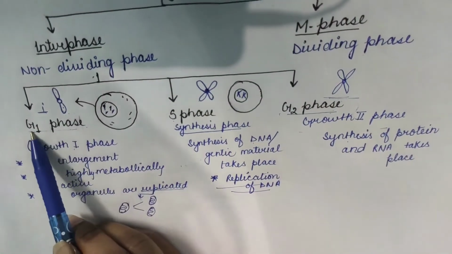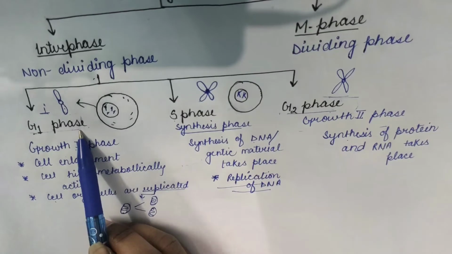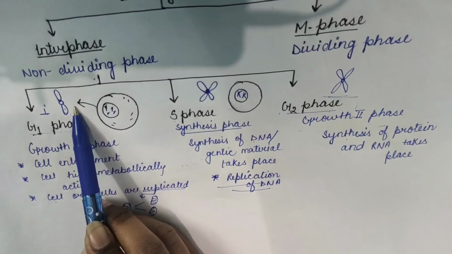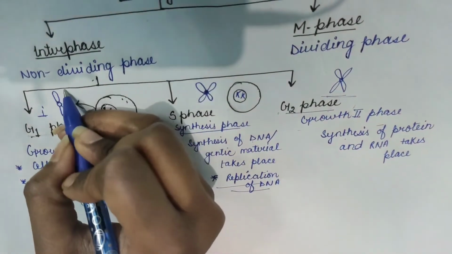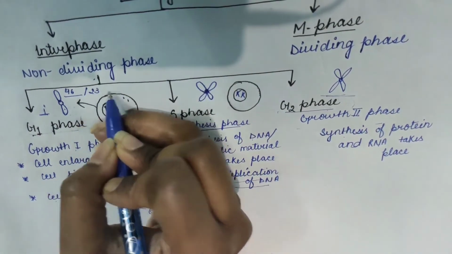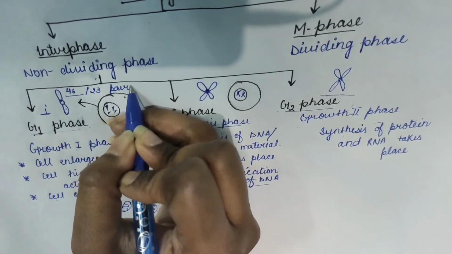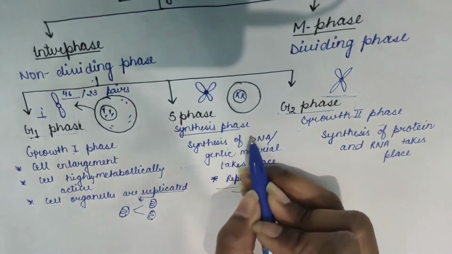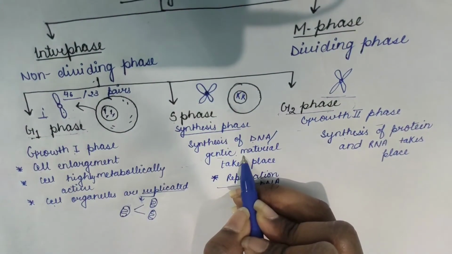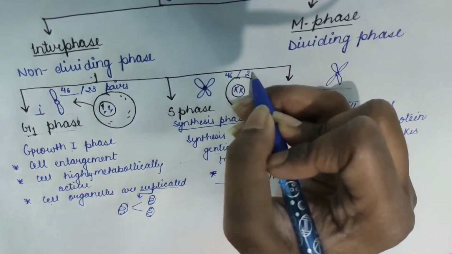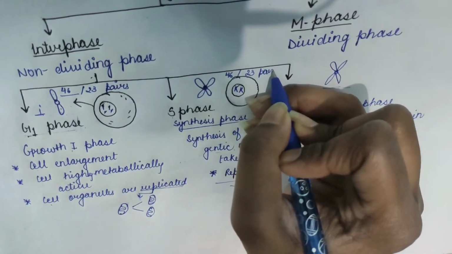In the G1 phase, if we are talking about a cell of the human body, the chromosome number is 46, or we can say 23 pairs. In S phase, after the synthesis of more DNA, the chromosome number is still the same, 46 and 23 pairs.